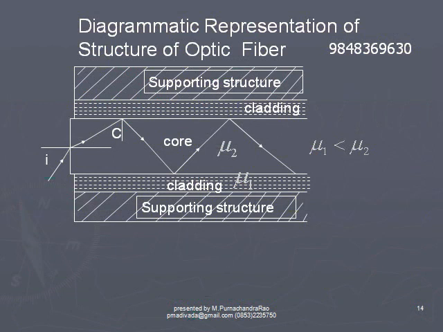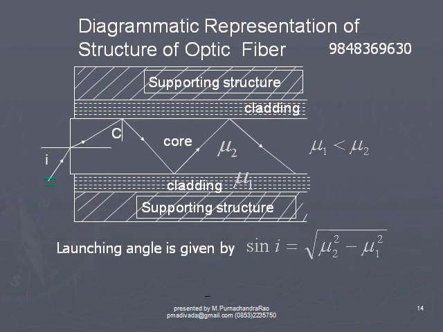The minimum launching angle I is given by the relation sin I is equal to the square root of mu2 square minus mu1 square. Using this relation, we can determine the launching angle.